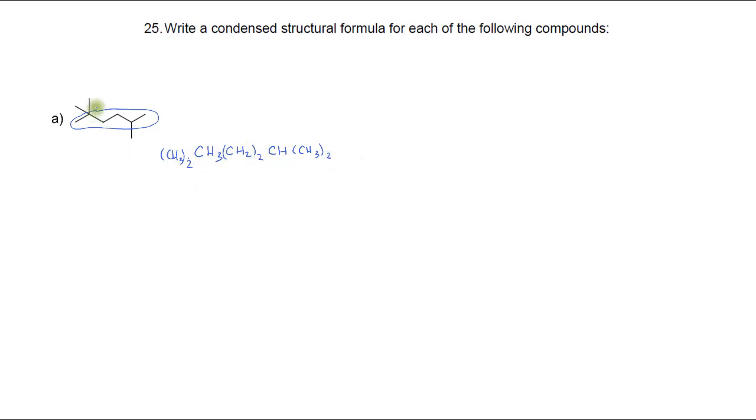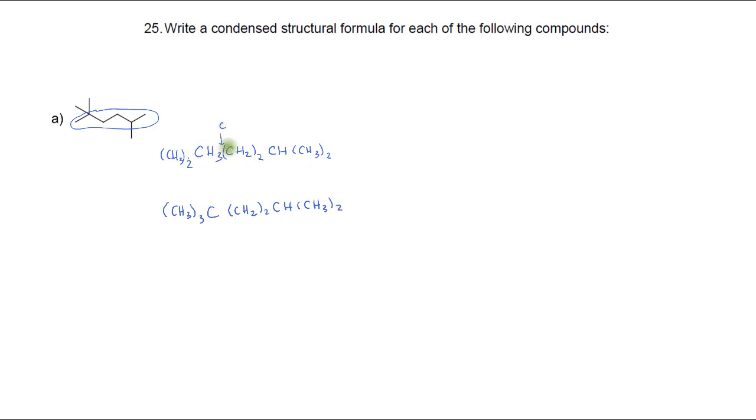And if I notice here, there's three CH3s on a C. I'm actually missing a C here. We'll squeeze in a C there. So we have C, CH3, so there should be 3, C, CH2, 2, CH, and then CH3, 2.